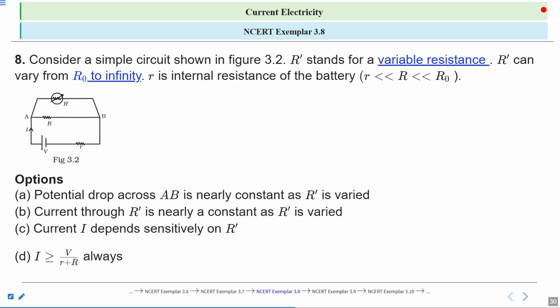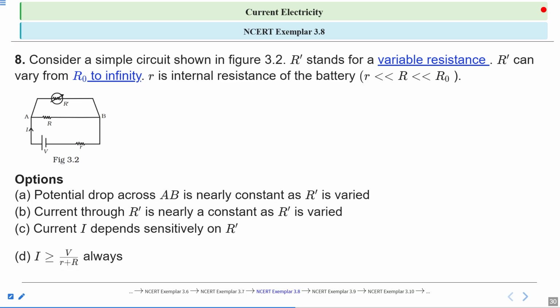And what about the fixed resistance capital R? Its value is much less than R naught, the reference resistance we have taken. And the internal resistance of the battery, small r, is much less than the fixed resistance capital R, as you can see in the question.